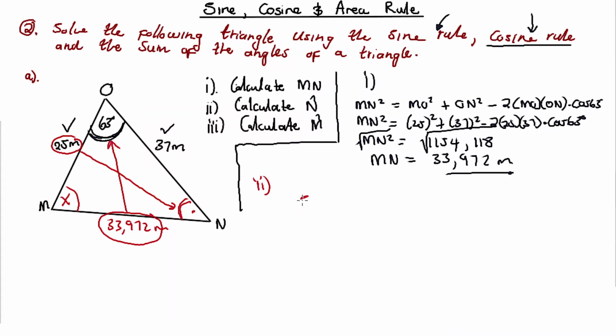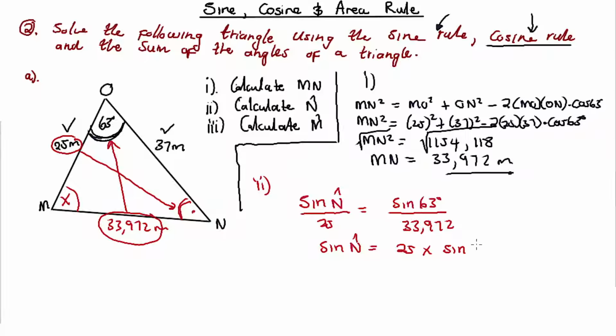So I'm going to say the unknown, sine of n over 25 is equal to the sine of 63 degrees over 33.972. Doing a cross multiplication, you're going to have sine of n equals 25 multiplied by sine 63 degrees over 33.972.